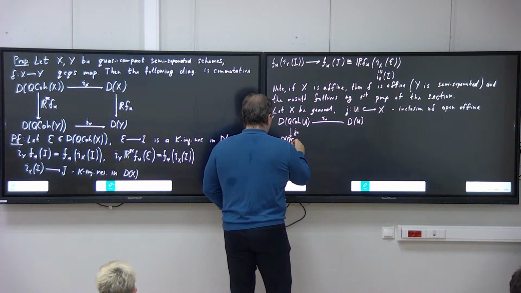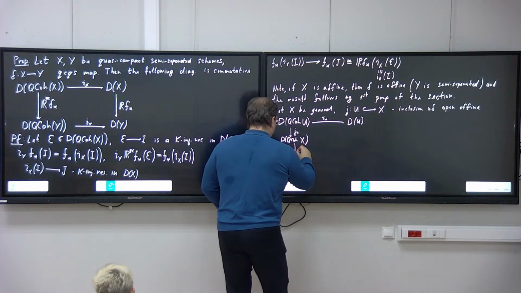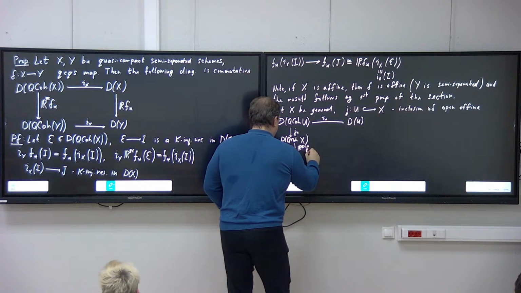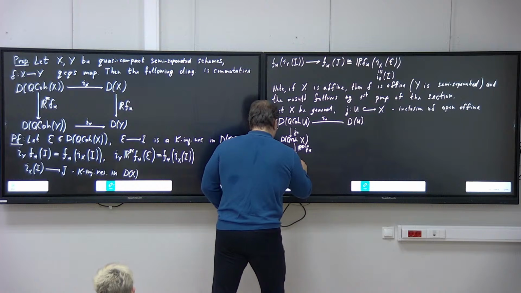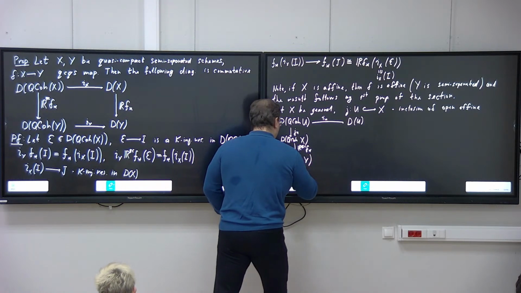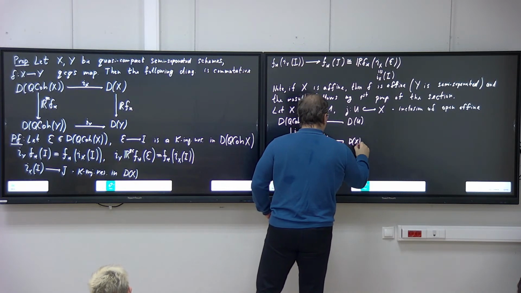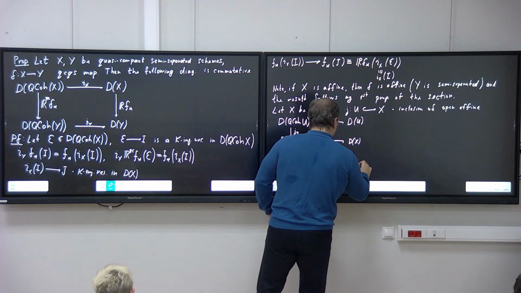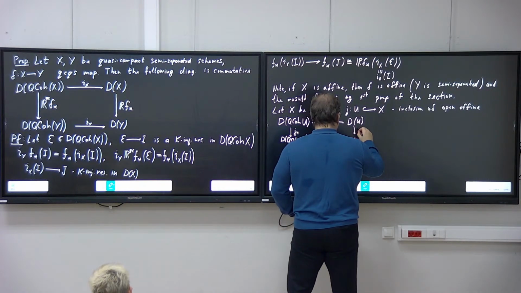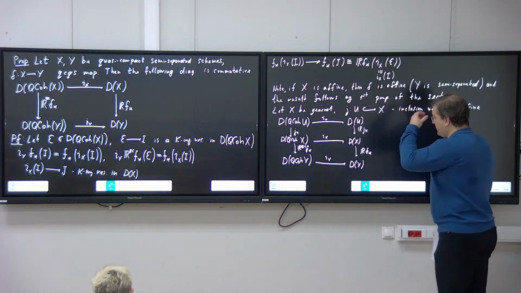So D Q co of X. Now here there is F lower star, the derived functor, to D Q co of Y. And here there is the embedding I sub X, there is an embedding I sub Y, and on this side we have the two derived functors for the maps J and F.